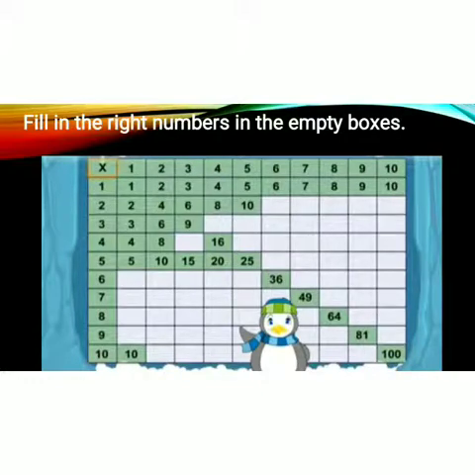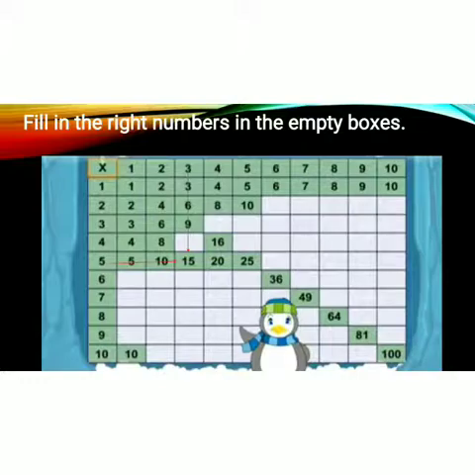Now children, I'll give some examples over here. Here 5 threes are. Now see these two arrows carefully.